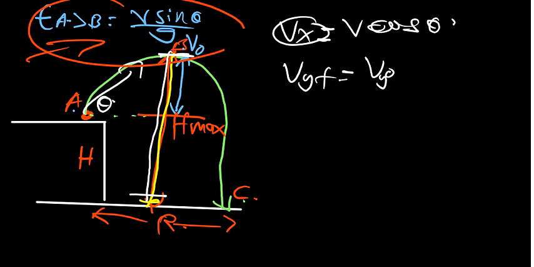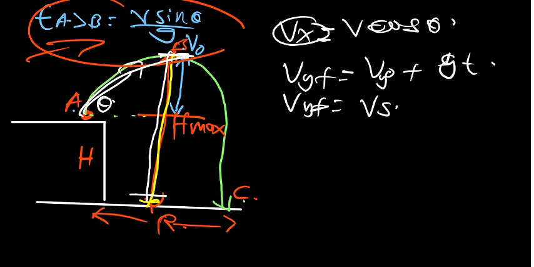Vy equals Vy initial plus g t, but you are going to use g as negative because when it was going up it was negative. So this is going to be v final, which is v sine theta minus g t.